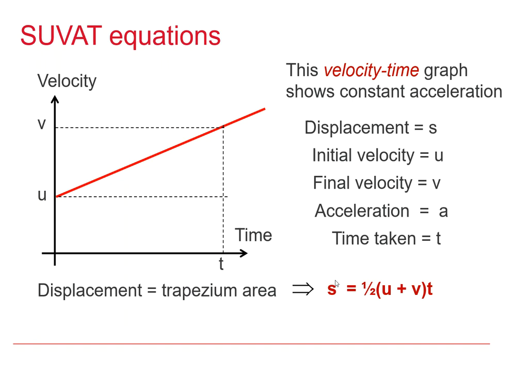So s equals a half of u plus v times t. Or I could split that into the rectangle and the triangle and say that s equals ut plus a half of v minus u times t, because remember v minus u is that distance there.